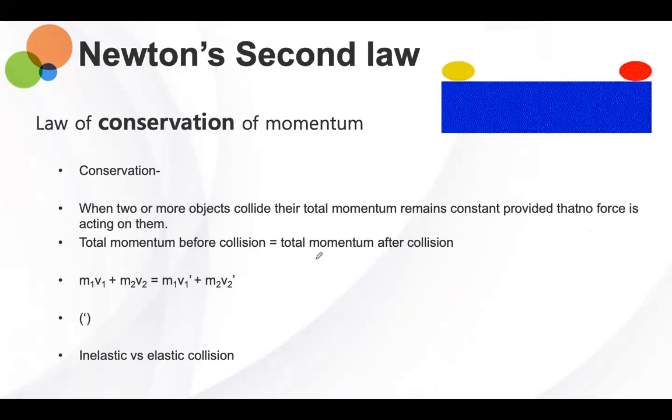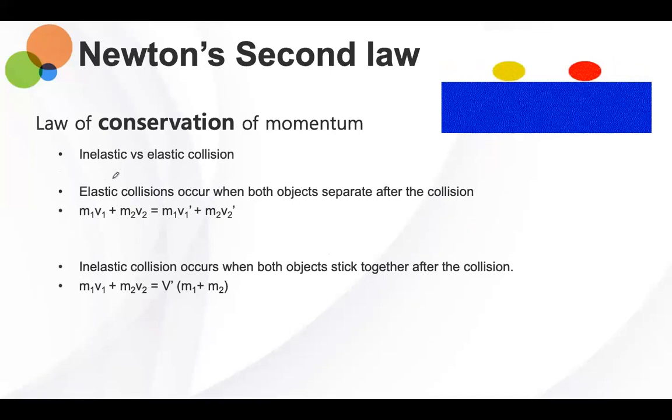That's what we assume when we're talking about the kinetic theory of motion. So we have elastic collisions. As we said, these will separate after the collision, so they won't stick together like an inelastic collision.